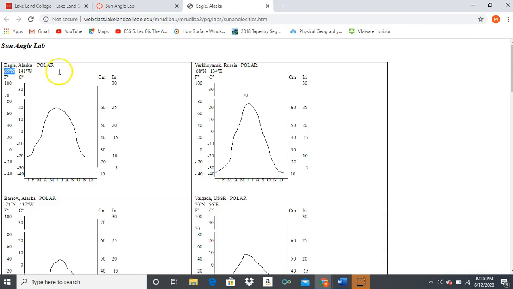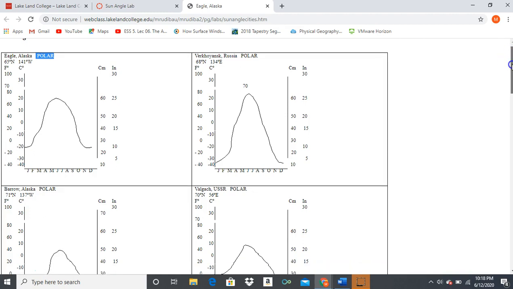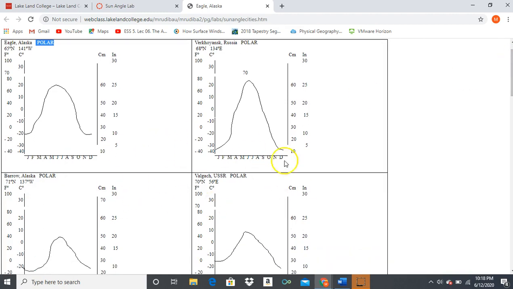So Eagle, Alaska is there, and there's a location in Russia. Notice how on each city there is a label of what region that city is associated with. So these cities here are all associated with being fairly close to the Arctic Circle and near the North Pole at 90 degrees north.